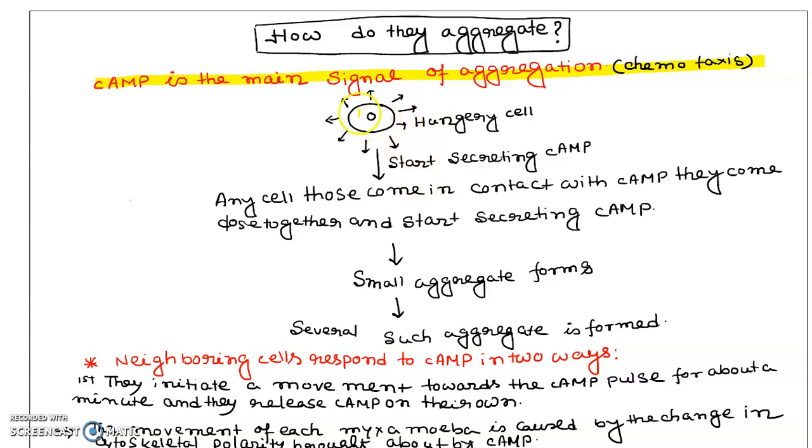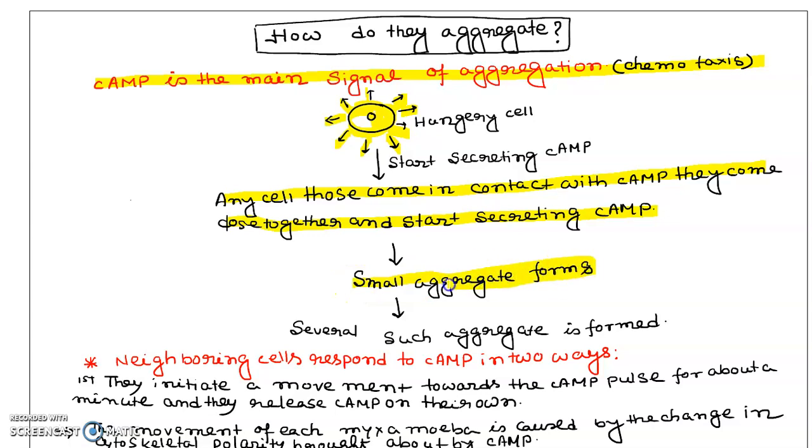These are hungry cells. Hungry cells start secreting cyclic AMP. Any cells that come in contact with cyclic AMP come close together and start secreting cyclic AMP themselves. Cells that are close in proximity and come in contact with cyclic AMP also secrete cyclic AMP.